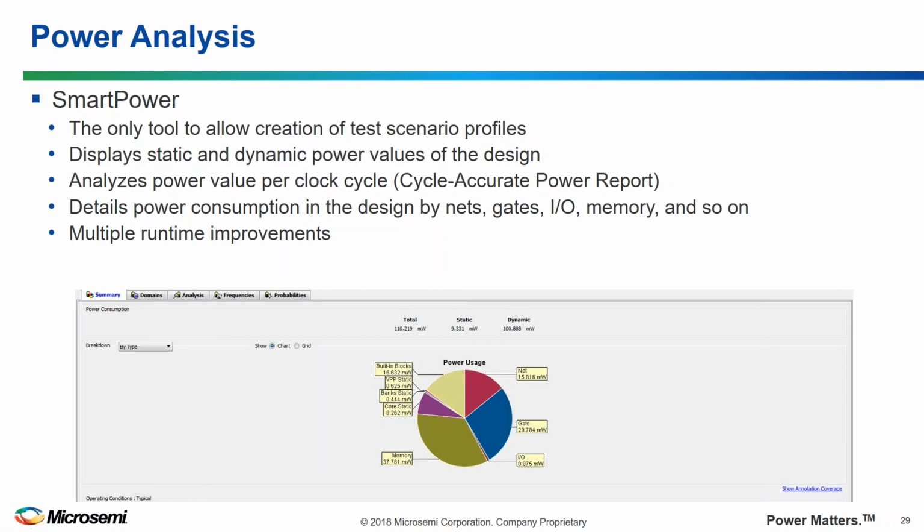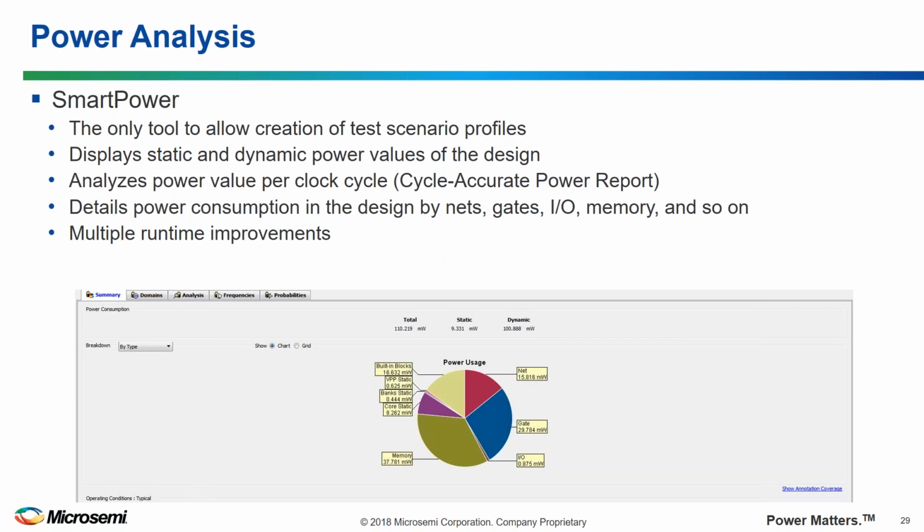If you saw something in the memories, we have the ability to optimize memories that are inferred through synthesis either for power or for speed. So if you verified that, yes, I have a comfortable timing margin on my memory operations, but my memory is using a lot of power, perhaps going back and resynthesizing and using an option to give me a more power efficient memory might reduce my power consumption.